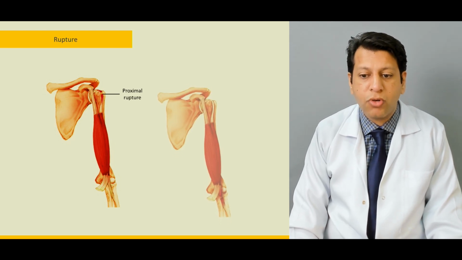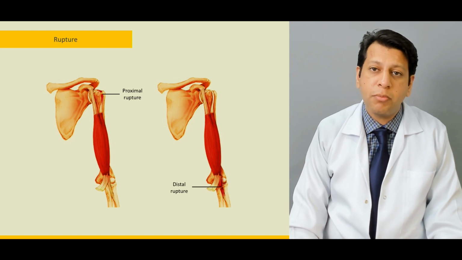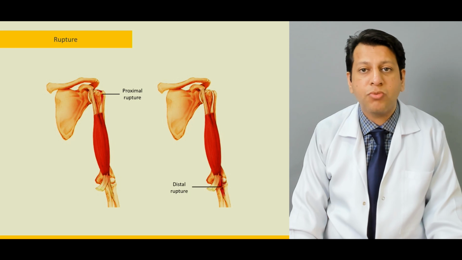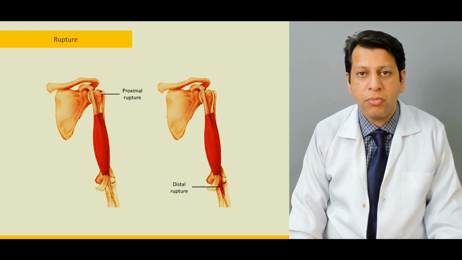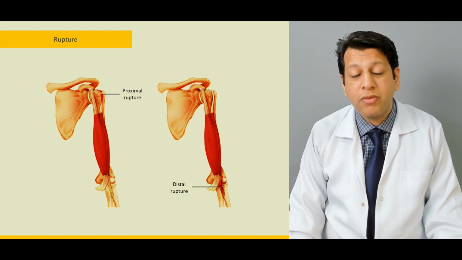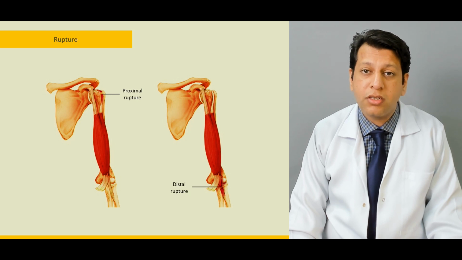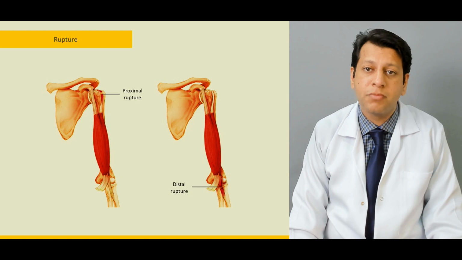As I told you, there is a proximal rupture or it could be a distal rupture. Now, proximal rupture usually can be treated arthroscopically or by use of suture anchors through simple posterior arthroscopic approaches. For a distal rupture, there are different techniques, like single incision techniques and dual incision techniques.